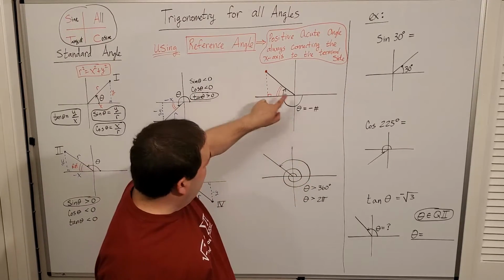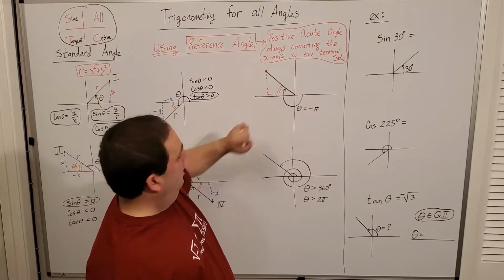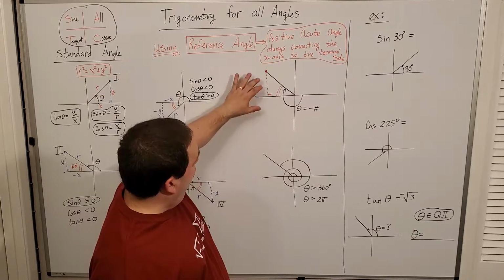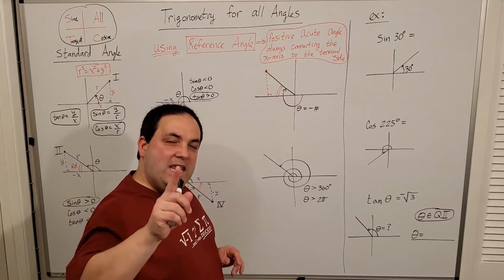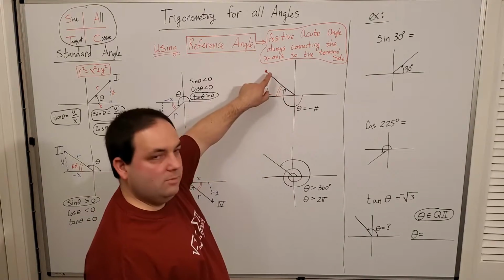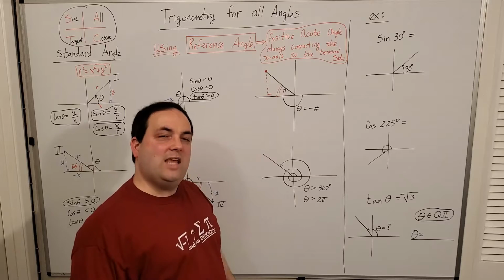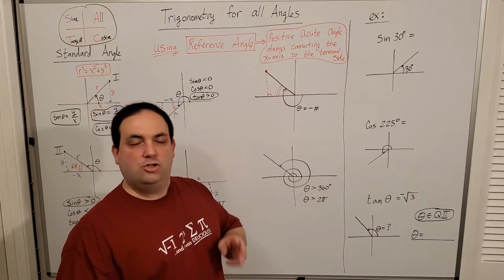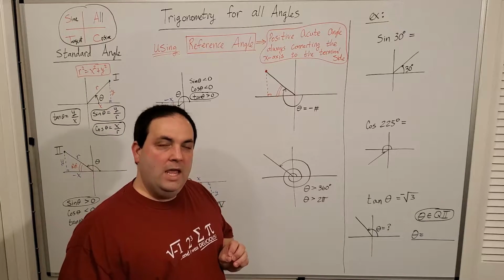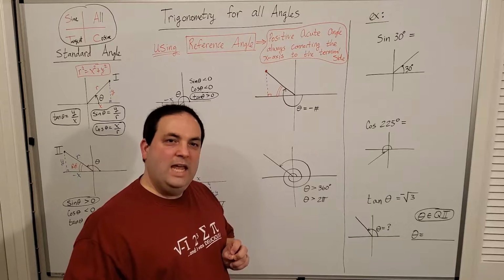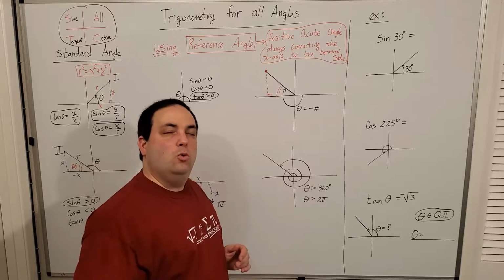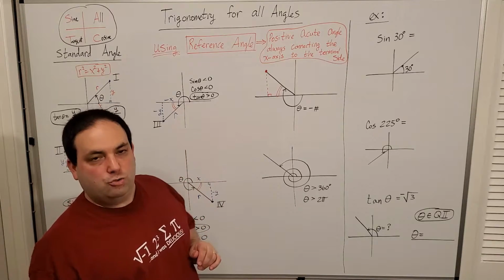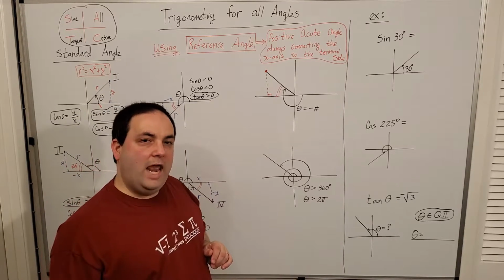Any angle that lands on this terminal side will have the certain y, x, and r combination. And any angle that lands on this same side will have the exact same sine, cosine, and tangent ratio values. It's not just about the angle. It's about where the angle lands, and that will directly give you the trigonometric ratios for that angle.